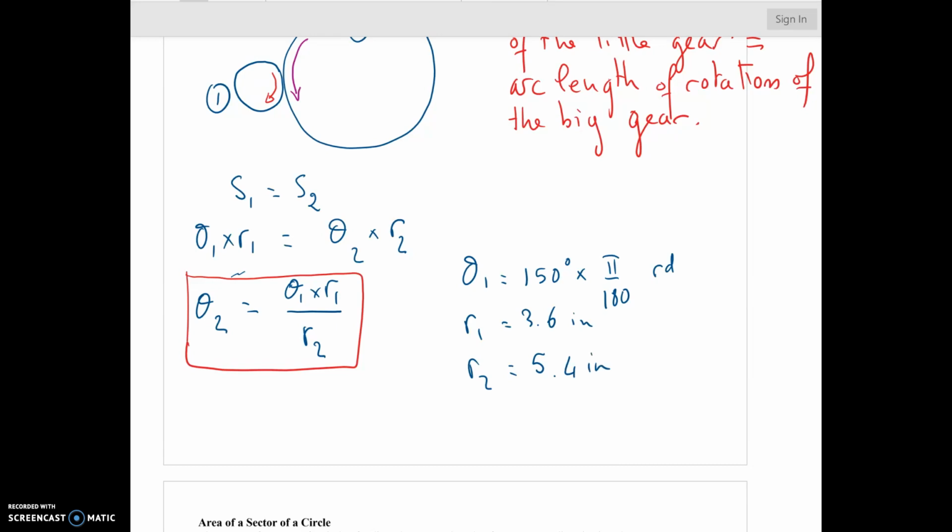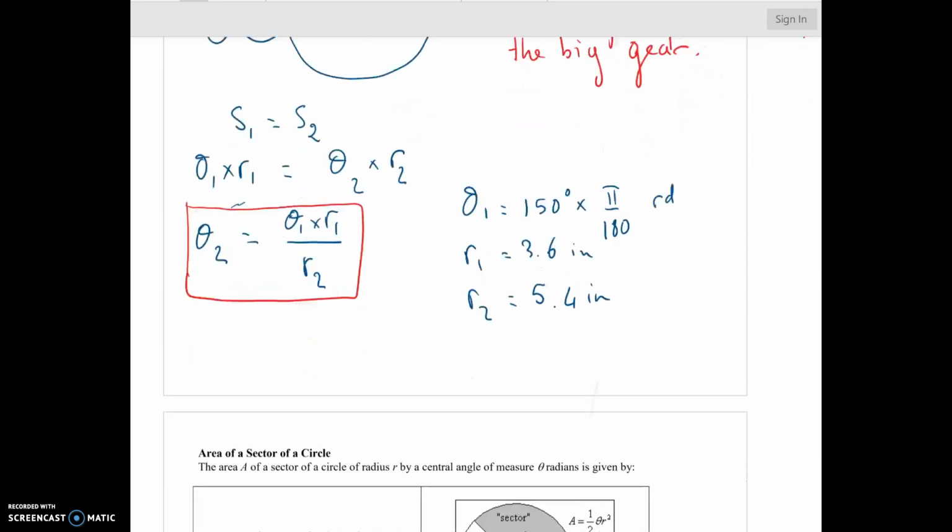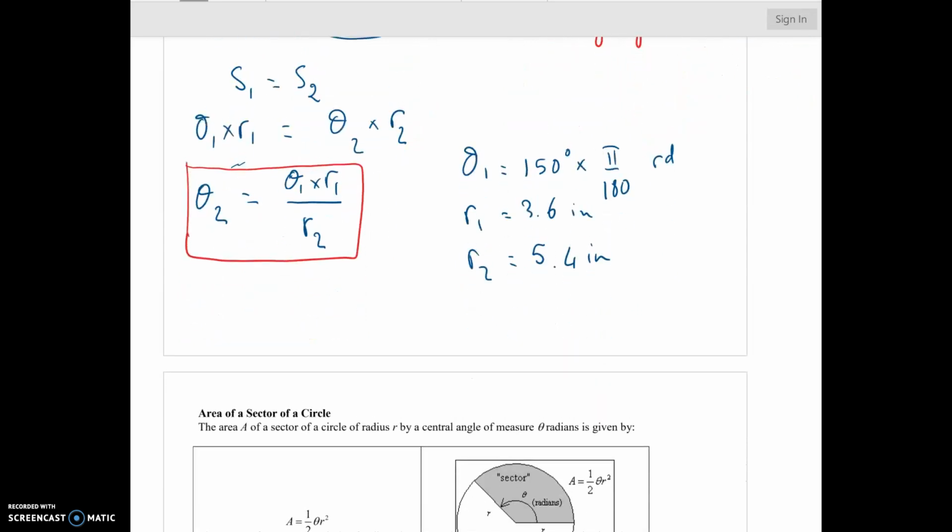I'll let you do the calculation. Technically, you are supposed to find a value of theta 2, and I will ask you the questions on Edpuzzle.